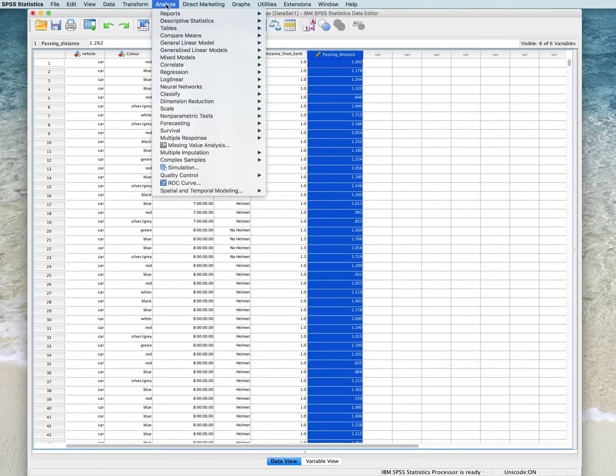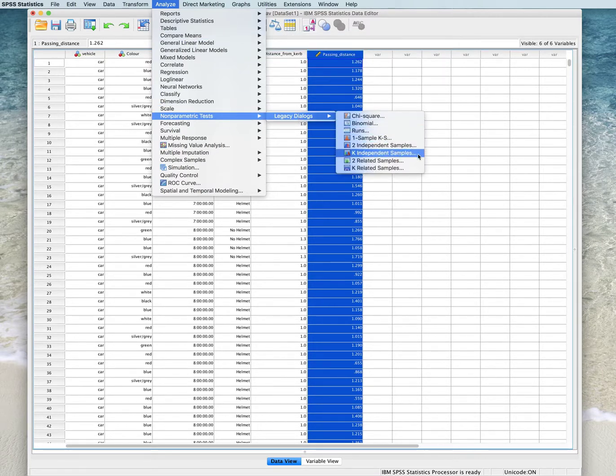If this was normally distributed, we'd be running the one-way ANOVA, which is the parametric test, but we need a non-parametric test for K independent samples, because we're looking at more than 2 groups.